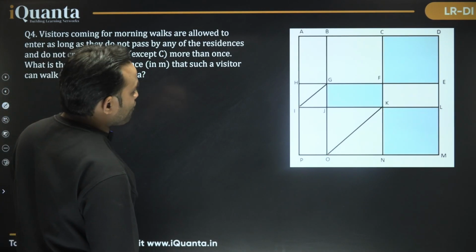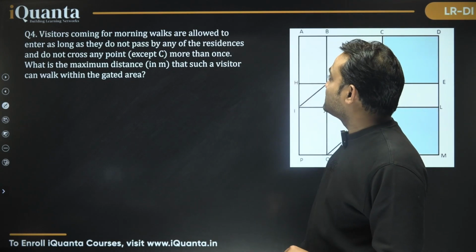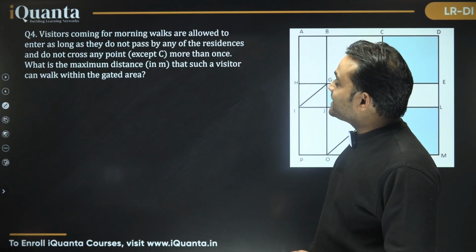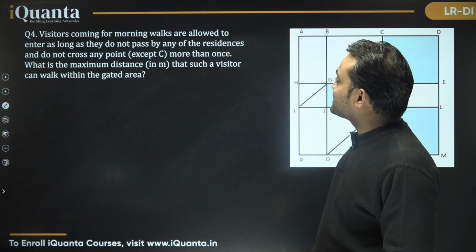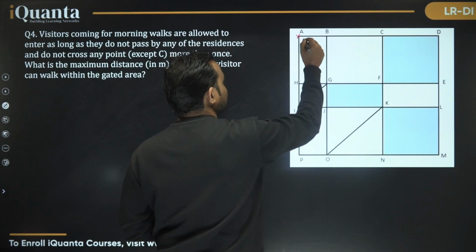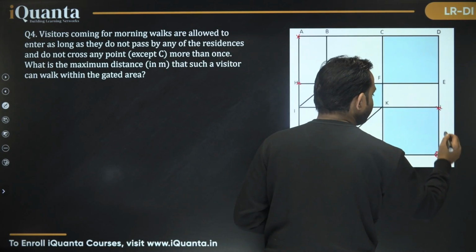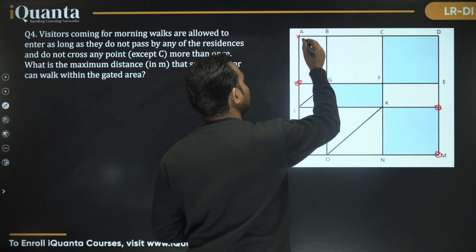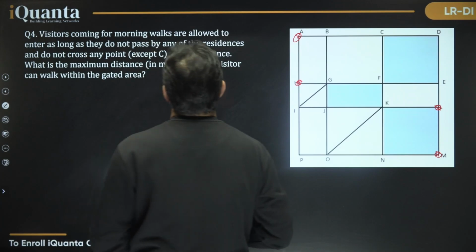Question number 4, it says, visitors coming for morning walk are allowed to enter as long as they do not pass by any of the residents. Where are the residences? A, H, L, M. These are where some residences are for sure.